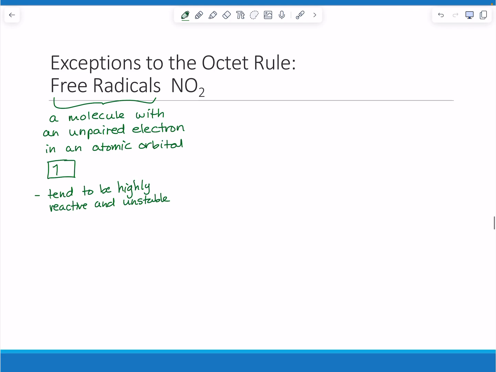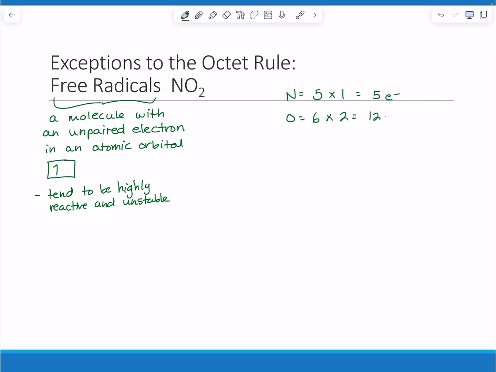So the total number of valence electrons, we've got 5 for nitrogen because it's in group 5, and one nitrogen in the compound. And then oxygen is in group 6, so it has 6 electrons, and there are 2 there.